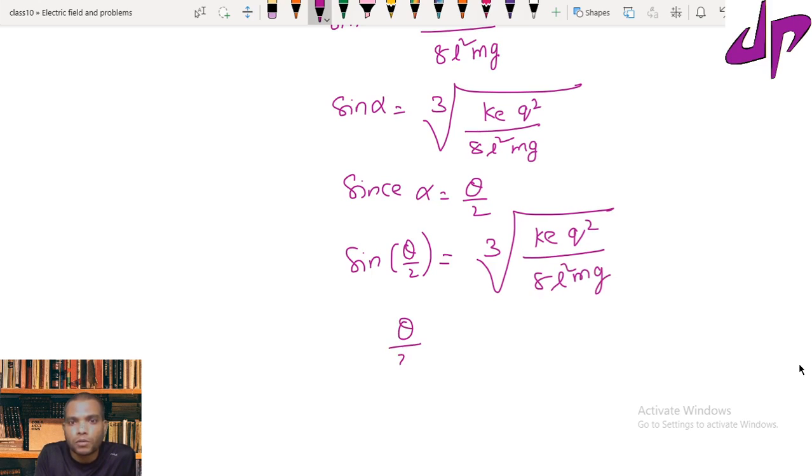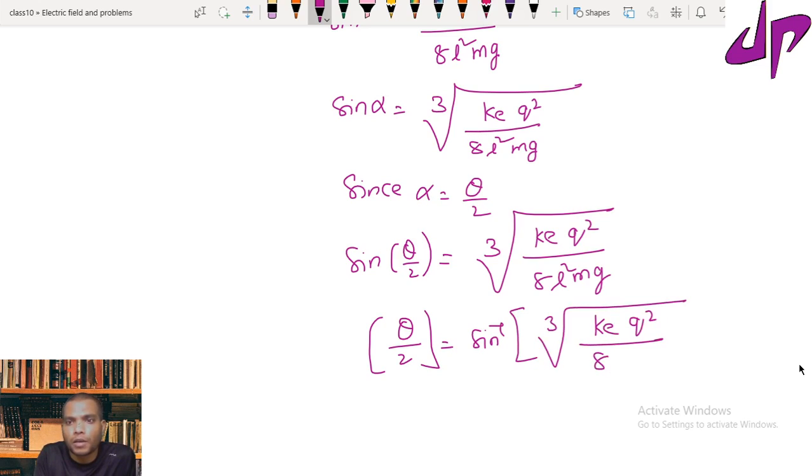So theta by 2 equal to sin inverse of cube root of ke times q square upon 8L square mg.